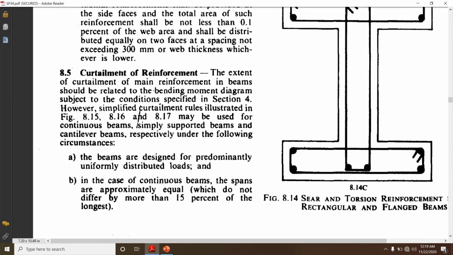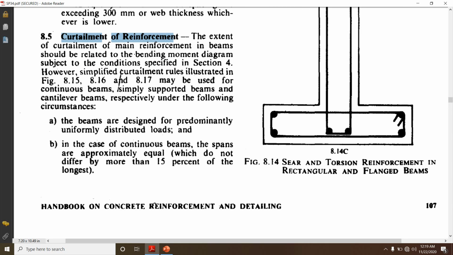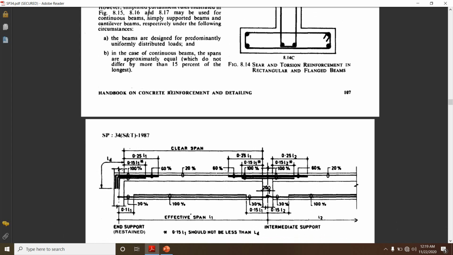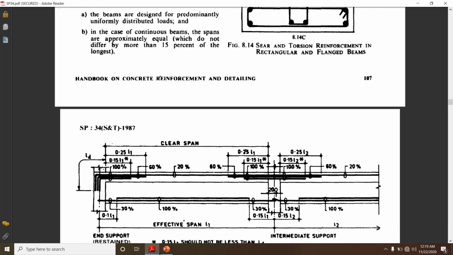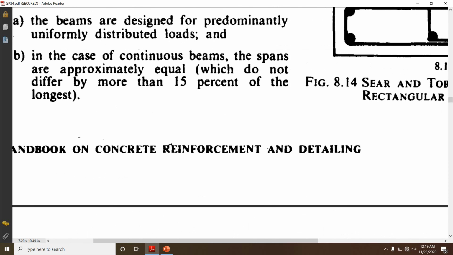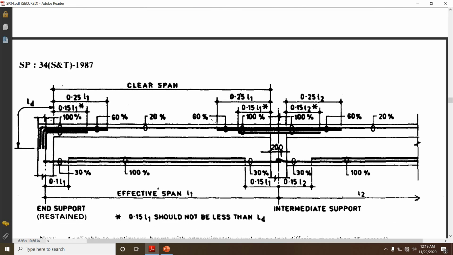The next is if we are going to do the curtailment of the reinforcement, regarding the continuous beam and cantilever beam, which are given in the figures below. This detailing is applicable in the case of continuous beams when the spans are approximately equal, which do not differ by more than 15 percent of the longest.